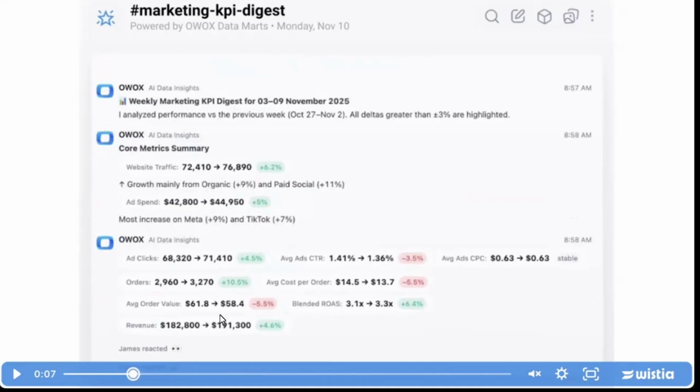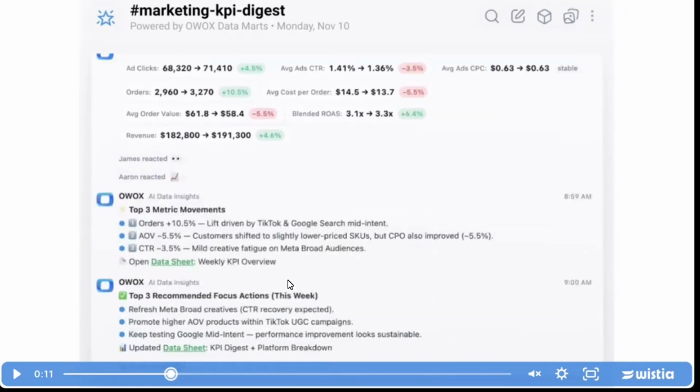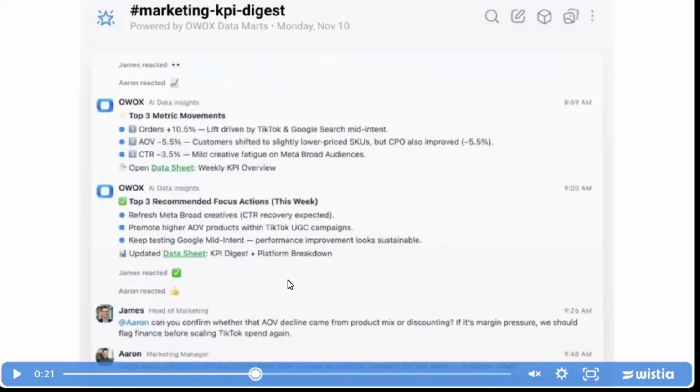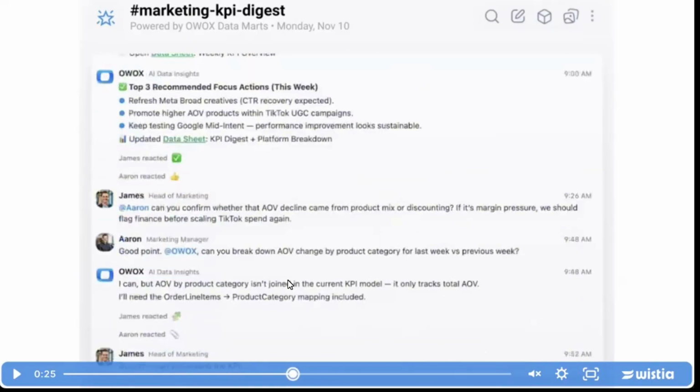But again, we're growing. Okay, but here we can see that the average cost per order decreased, and that might be a painful moment for the C-level because it might reflect on the margin.